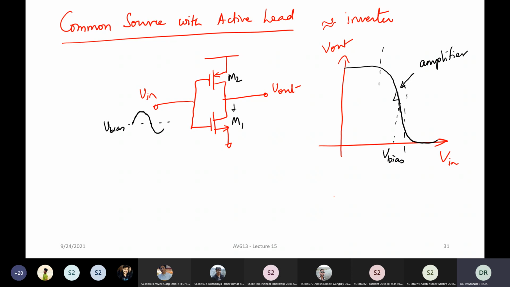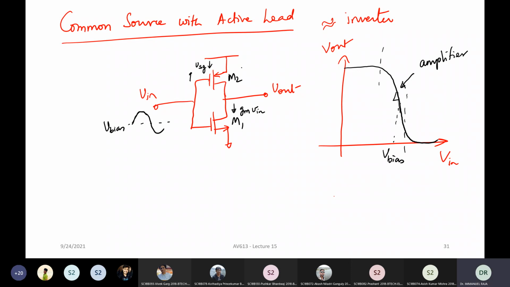The current through this one increases by gm times small vn. At the same time, what happens to this transistor? The VSG is reducing, because as this voltage increases, the small-signal AC VSG is reducing. Because this AC VSG is reducing, the current through this one is going to reduce.